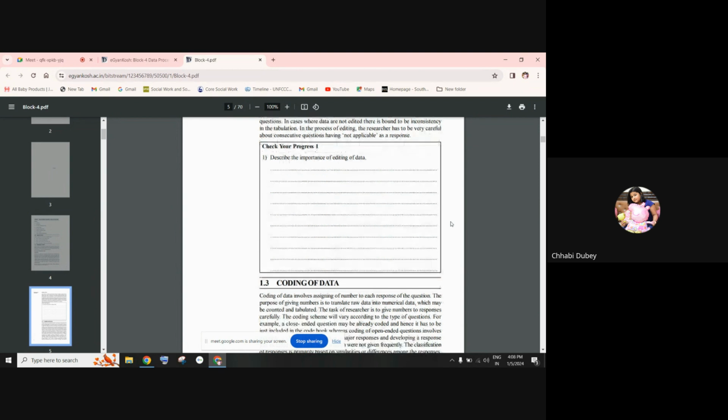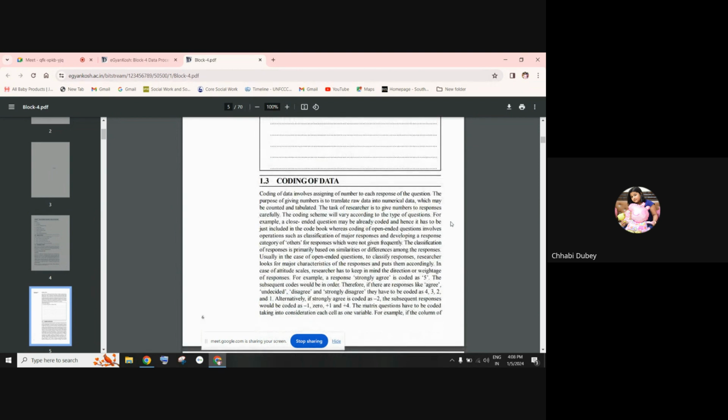Now, after this, we come to the coding part of the data. Coding of the data involves assigning a number to each response of the question. So, whatever questions we have and the responses to those questions, we have to assign a particular number to those responses.